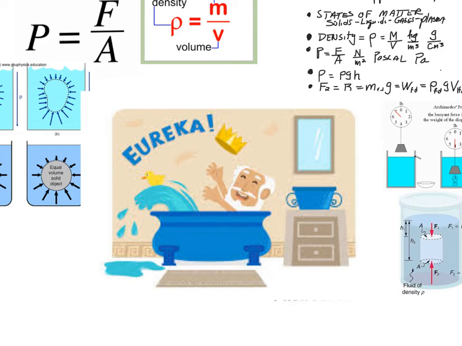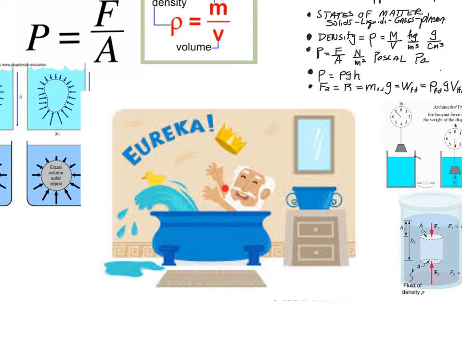The story about Archimedes is that he was given the task of figuring out whether the king's crown was gold or some fake metal. And as the story goes, he's lying in his bathtub, noticing how in the bathtub he weighs less than he does out of the bathtub.